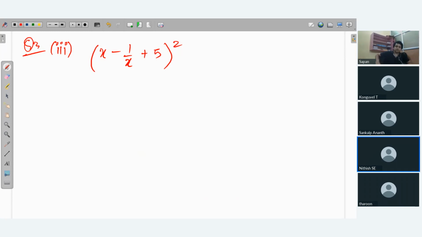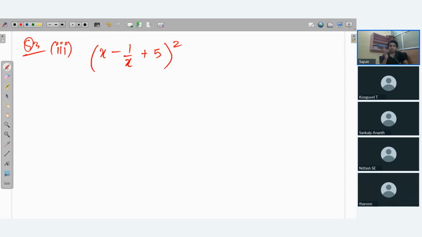So first I did x square plus (1 by x) whole square plus 5 square minus 2x into 1 by x, like 2 into x into minus 1 by x. We used the a plus b plus c whole square formula, minus 2ab plus 2bc minus 2ac.